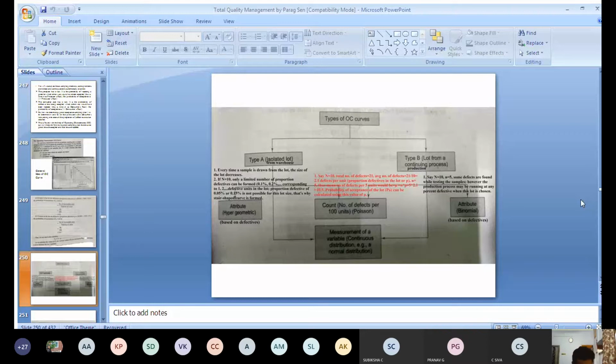is actually, in this case, the sample is drawn from an individual isolated lot.